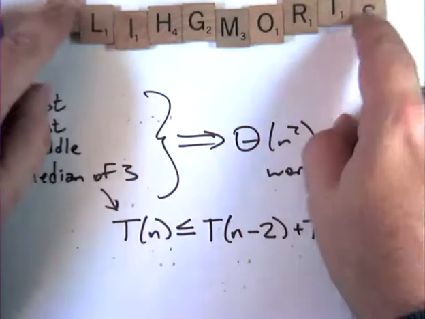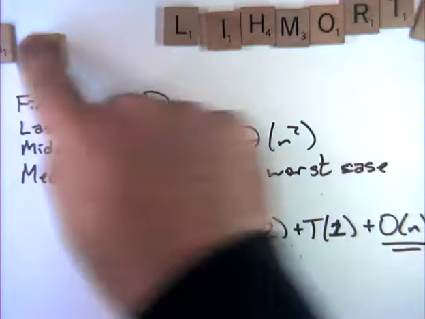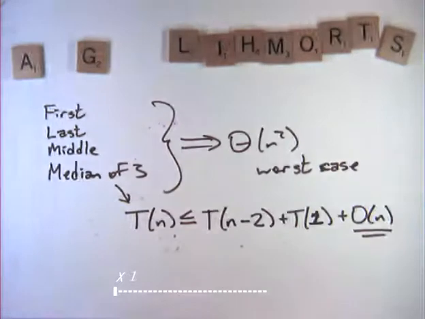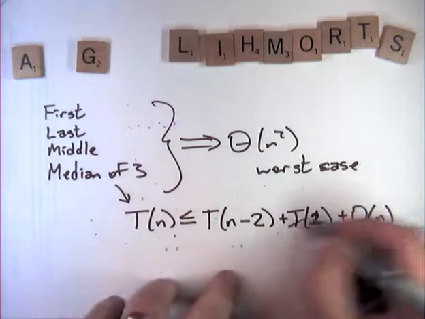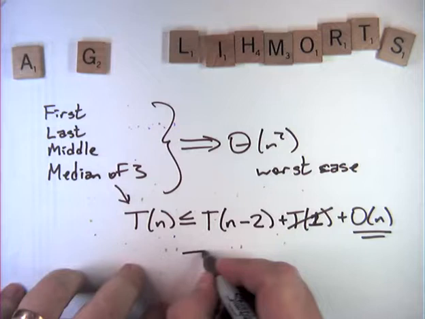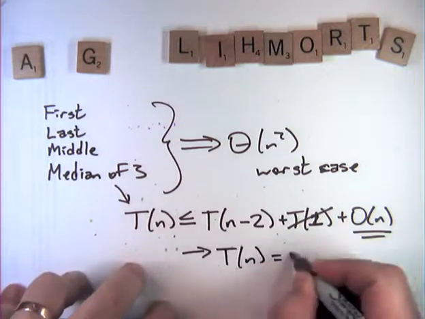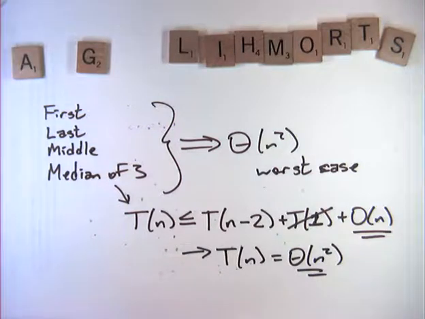So if my array looks like this, I pull out these 3, this is the median, and then when I partition, I end up with this mess. So I'm going to recurse on the left. That only takes me T of 1 time at some constant. I could ignore it. And on the right, I have an array of size n minus 2. And so the time to sort that is going to be T of n minus 2. And this is going to lead me to my quadratic running time. Okay.